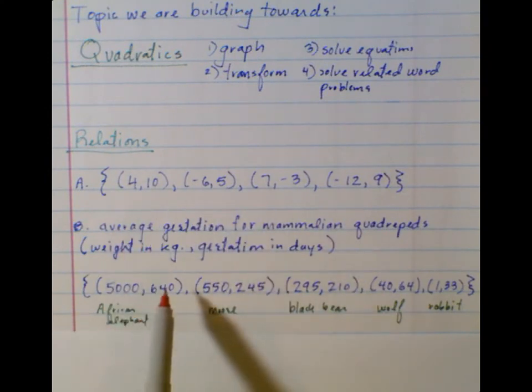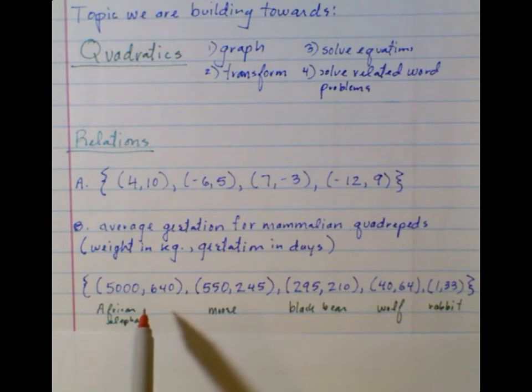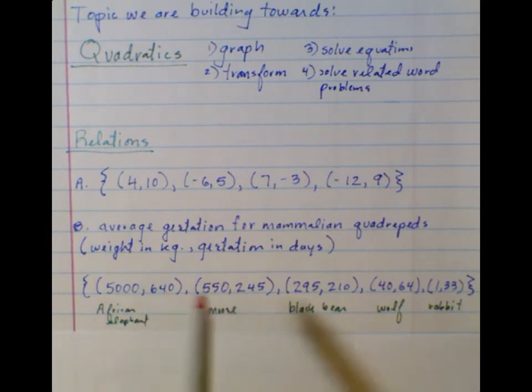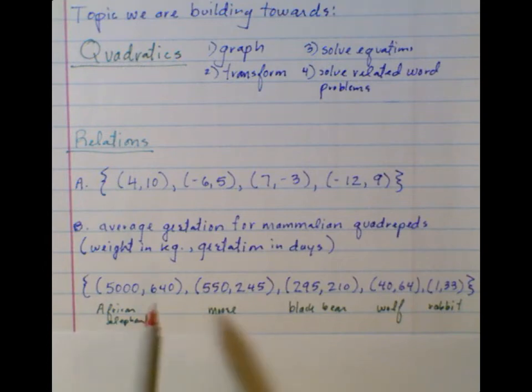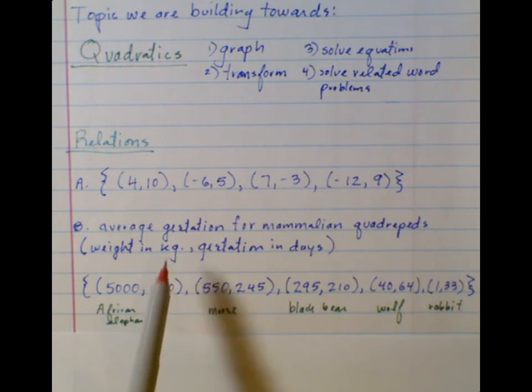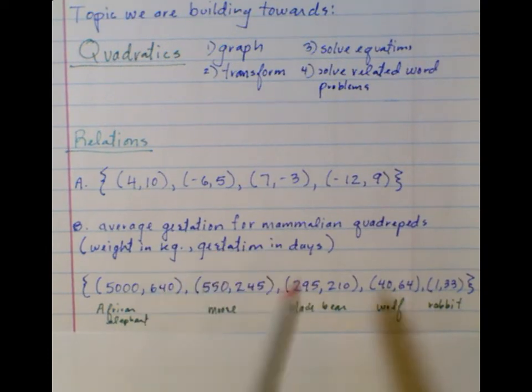And here there seems to be a really rich story surrounding this relation. In particular, this relation seems to be describing the average gestation for mammalian quadrupeds. What are we talking about? These are mammals that walk on all fours, and we are describing their weight in kilograms, and we're comparing that to their gestation in days.